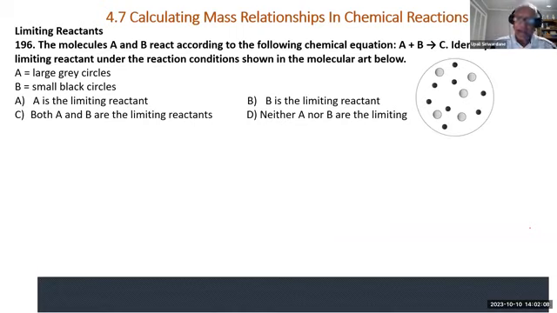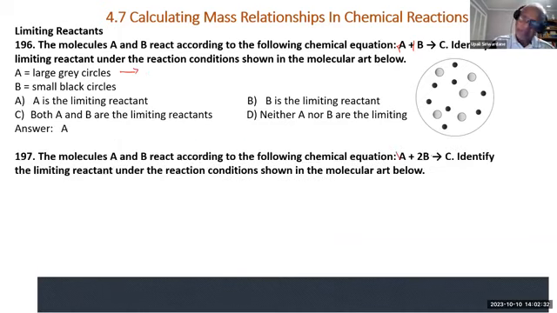Now, pictorially, I talked about this. You can look at the ratio 1 to 1. See how many of them are in excess or greater quantity. So these large gray circles are limiting. A is the limiting. For this reaction, 1 to 2.